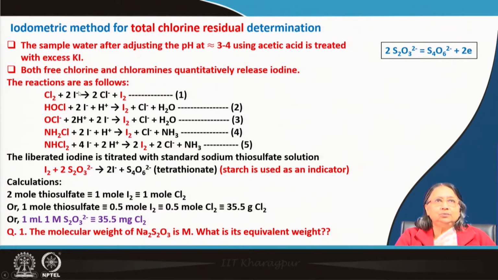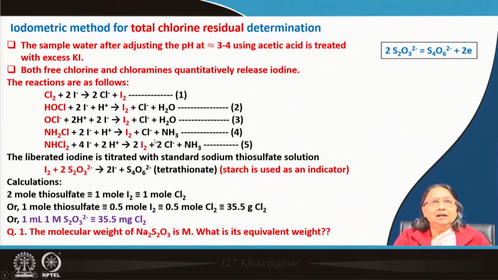Chlorine reacts to produce iodine, then HOCl reacts to form iodine, OCl minus forms iodine, NH2Cl, that is monochloramine, the combined chlorine residual, is also forming iodine, then dichloramine is also forming iodine. So, all these are total chlorine, that is why it is written total chlorine, all are producing iodine.